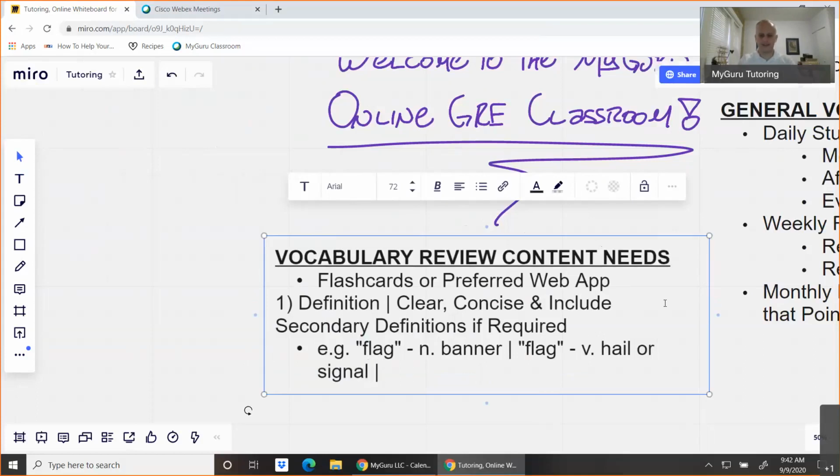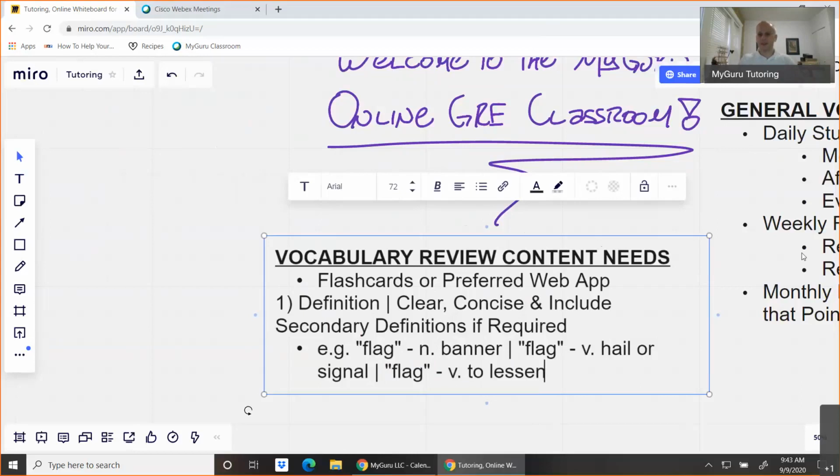Or you could even have flag as a secondary verb, which means to lessen, as in, if my energy were to flag, that means that my energy is going down. So there are a bunch of different possible definitions, especially for common terms.